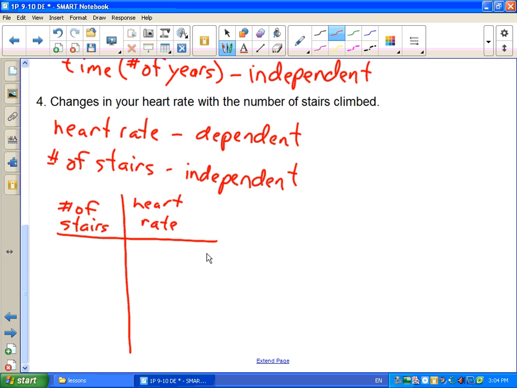And if we were doing a graph, the independent variable always goes on the x-axis, so we would have number of stairs down here, and we would have heart rate up here. And that's what our graph would look like. So if you're going from a table to a graph, the first thing in the table always goes down on your x-axis or your horizontal axis.